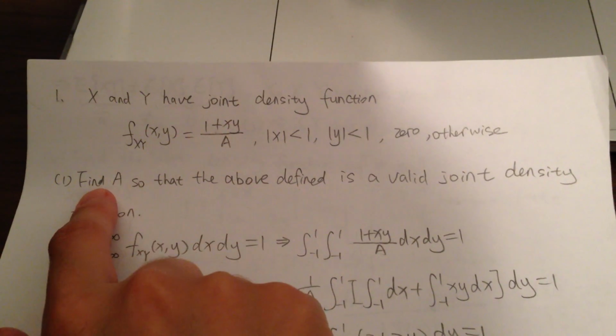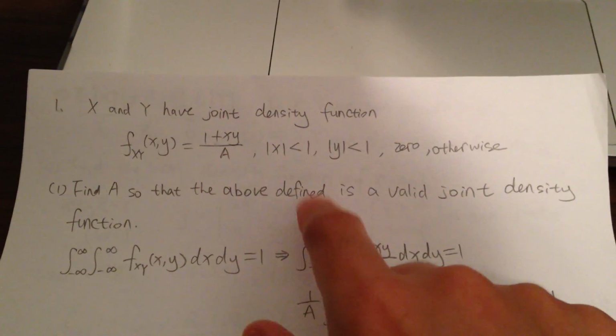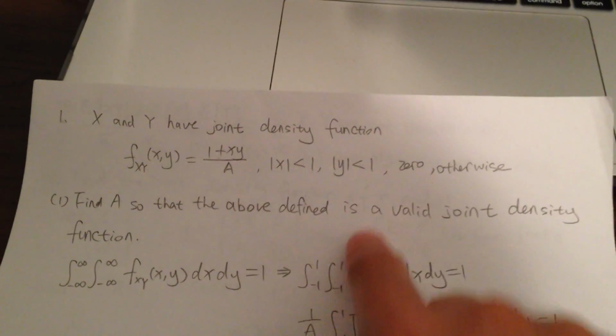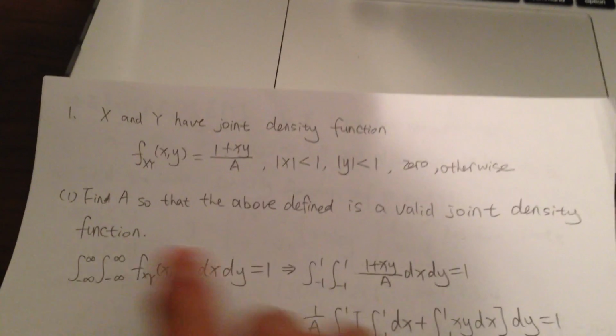For the first question, find a so that the above defined joint density function is a valid joint density function.